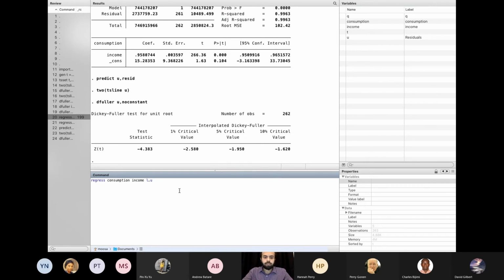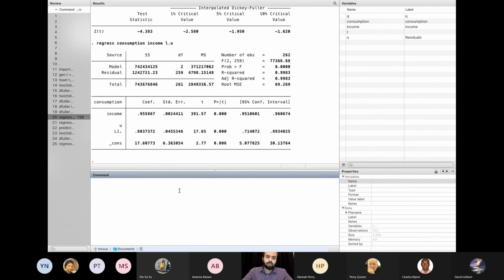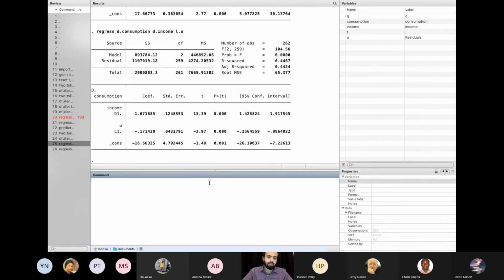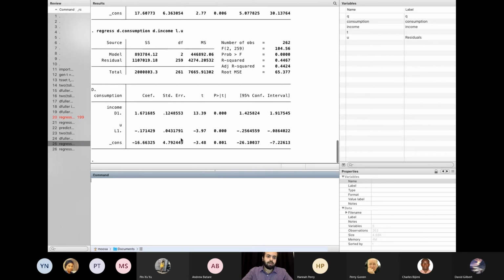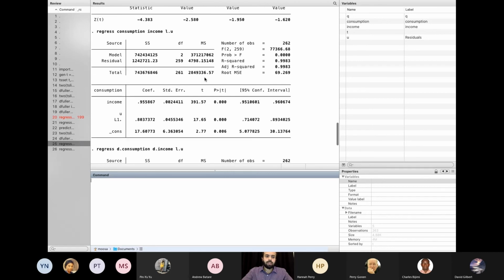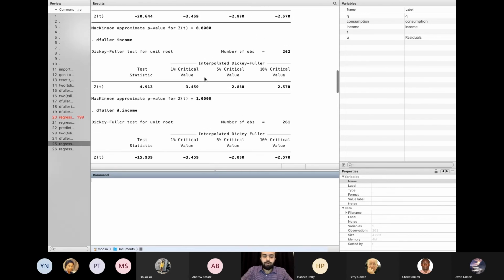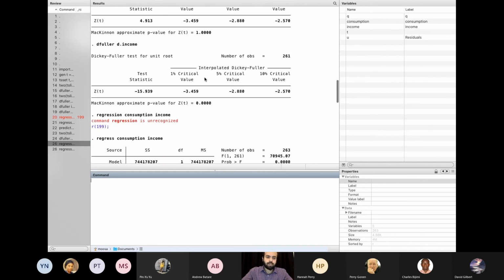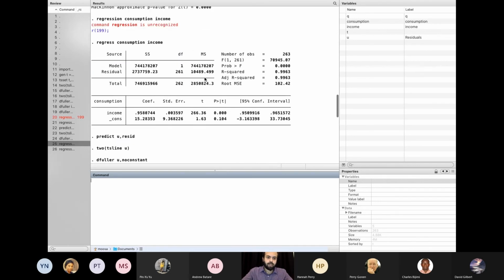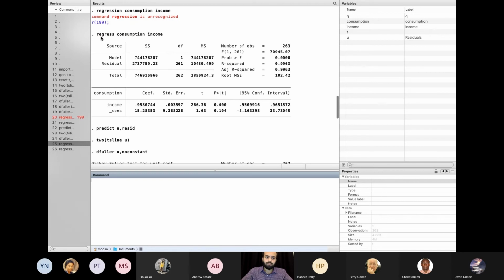So when we introduce the lagged value of our error term, we have to regress these in first differences for the error correction model. Because there is co-integration, we can also form statistical inferences based on our original regression model, which is this one.